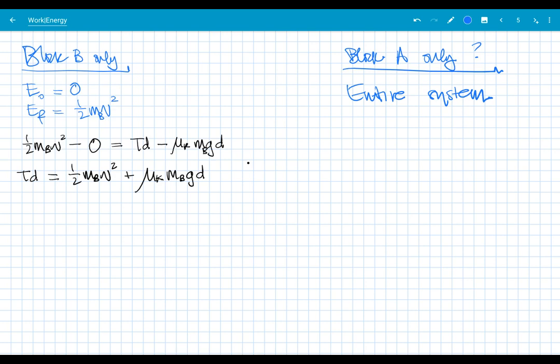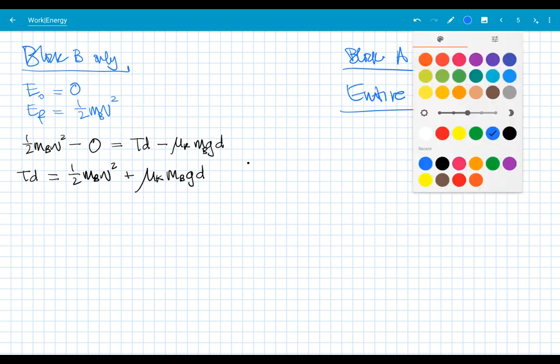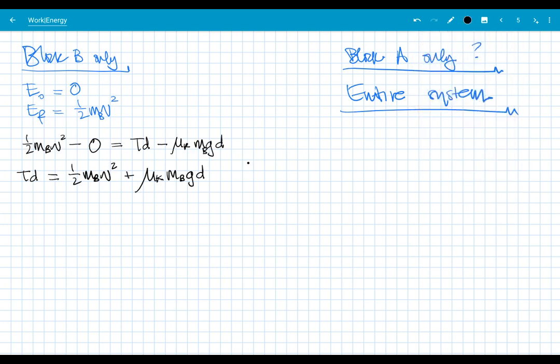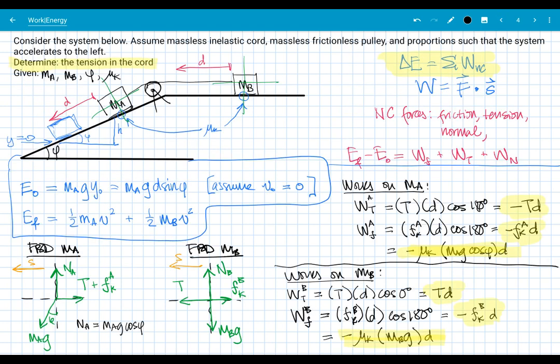And if you look at the entire system, then you know that your tension is going to go away, right? This is what I was doing on the previous page, where for the entire system, my initial energy and my final energy were what I wrote in this little box right here. So if I'm going to use that and the works that I've come up with, maybe it'll simplify a little bit.